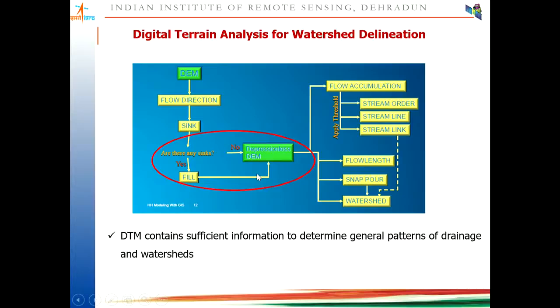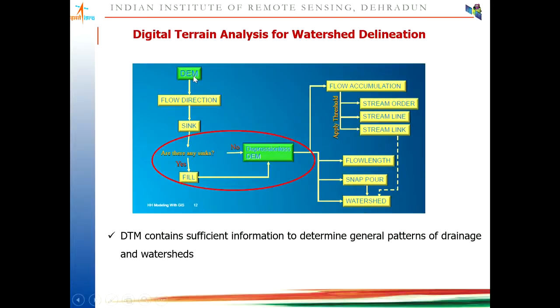So how do we do the digital terrain analysis for watershed delineation? You have the digital elevation model, the DEM, and this can be input in the GIS software. Various GIS softwares have hydrological tools functionality. If you go to the topographical tools or hydrological tools, you can generate the various parameters shown here on the right side.